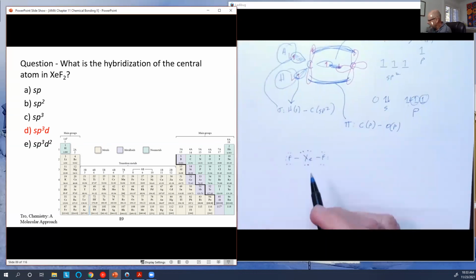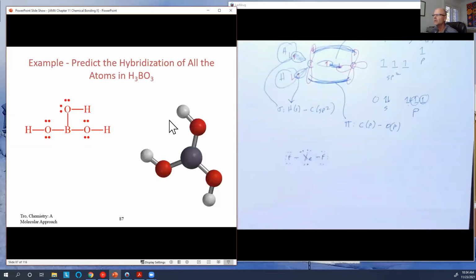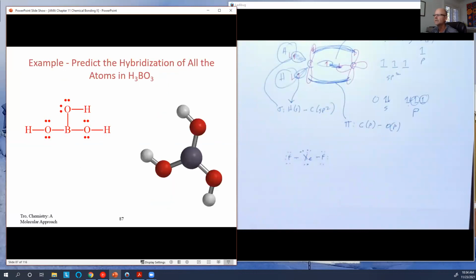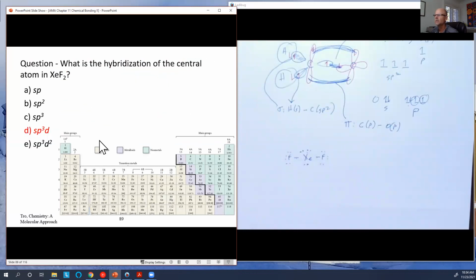Right? And if we look at the xenon, we have 1, 2, 3, 4, 5 electron groups. So we go back to our table, 5 electron groups. The electron geometry is trigonal bipyramidal, and the hybridization is sp3d. All right, so it's sp3d.